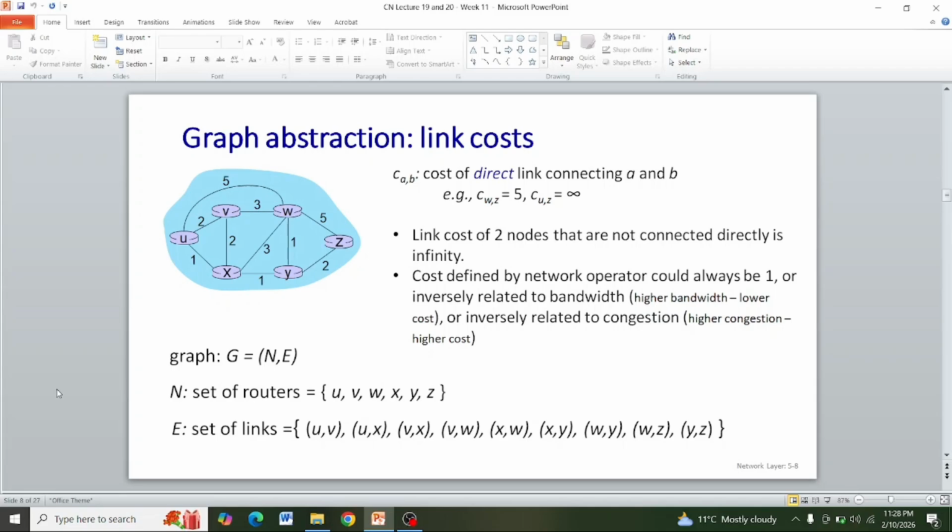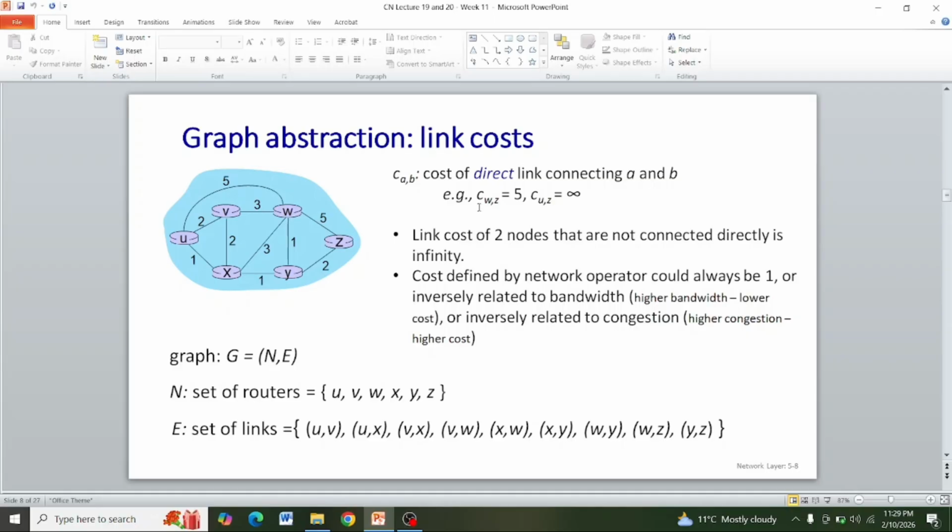Here we can see that the graph G is equal to (N, E), where N is the set of routers that are named U, V, W, X, Y, and Z, and the set of the links among these routers are UV, UX, VX, VW, XW, XY, WY, WZ, and YZ. These are the direct links among all of these routers.